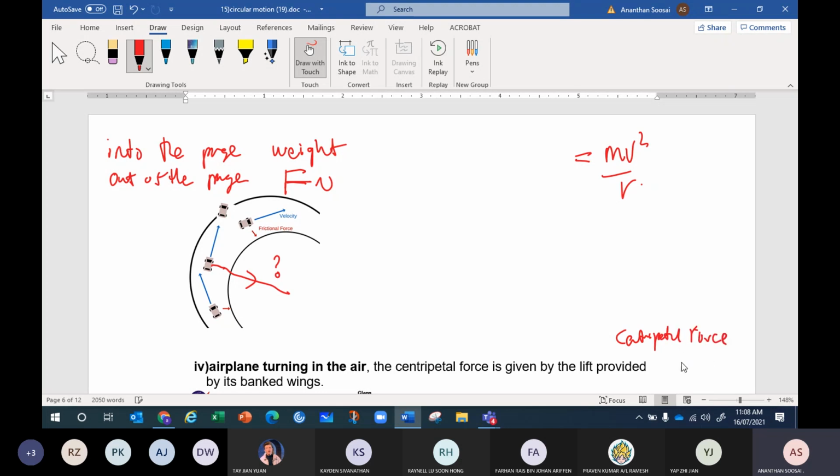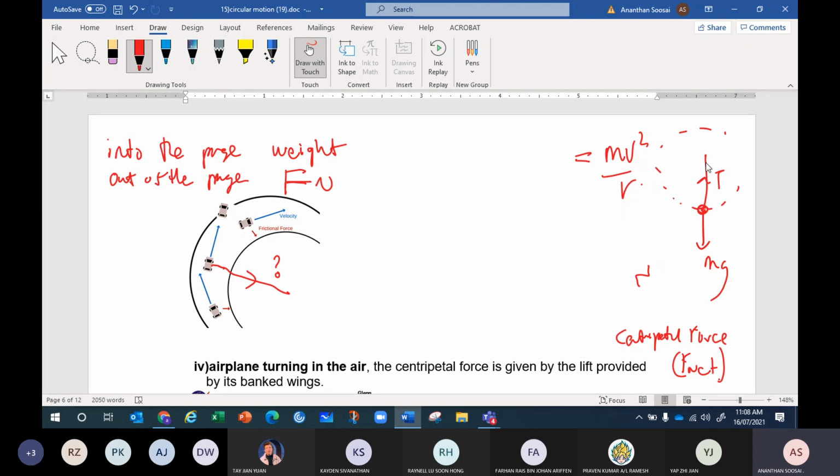is a type of net force. Let's say I ask you about the pendulum swinging vertically just now. If I ask you to draw the free body diagram for this pendulum at the bottom, you draw the tension up and the weight down.